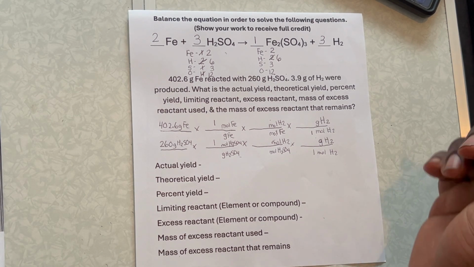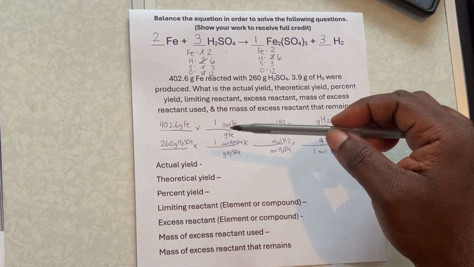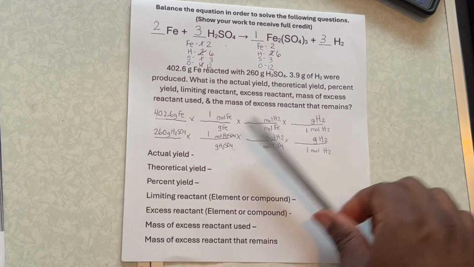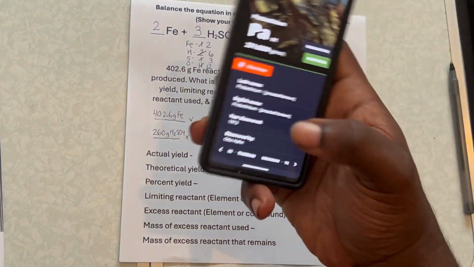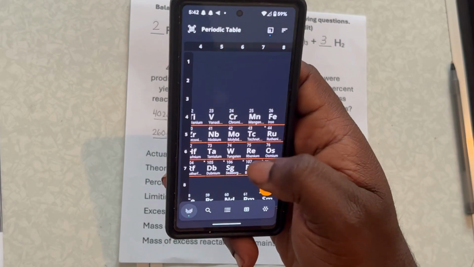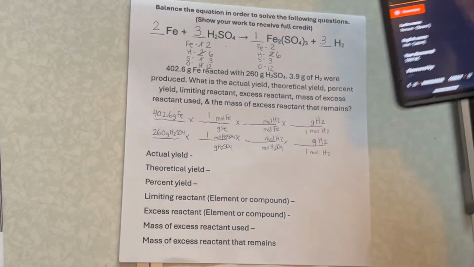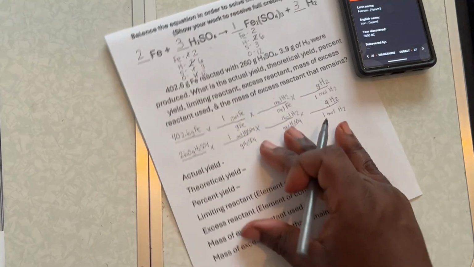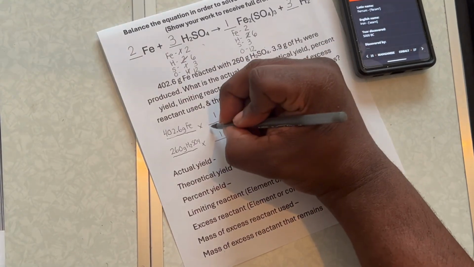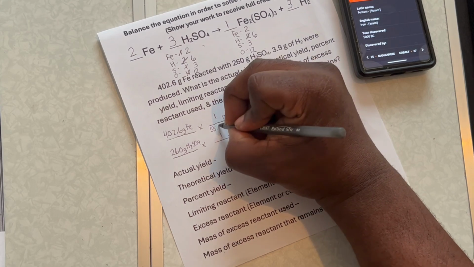Wherever you have grams, that's where you have to calculate the molar mass. So the molar mass of Fe, let me get my periodic table, Fe is 55.845. Wherever I have grams, that's where I'm going to put my molar mass. So for Fe, it's 55.845.